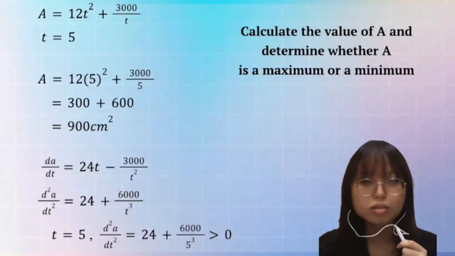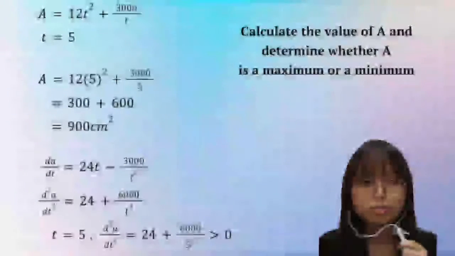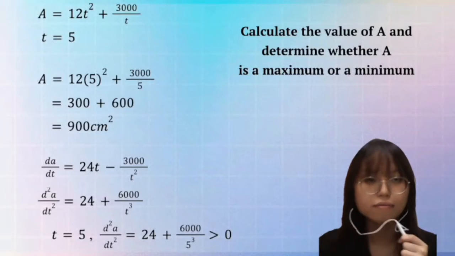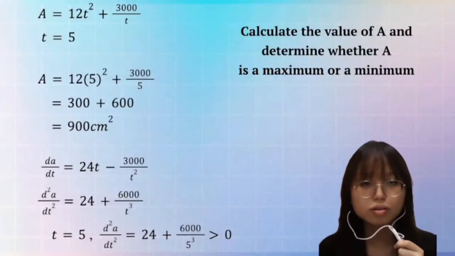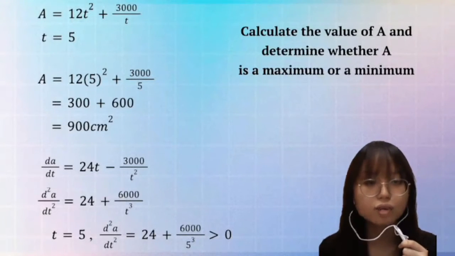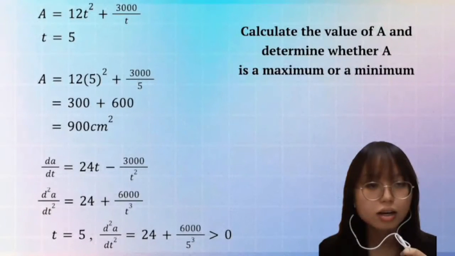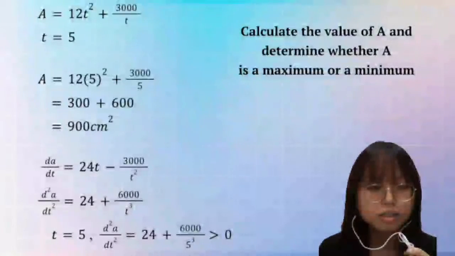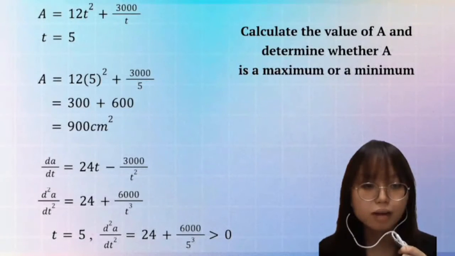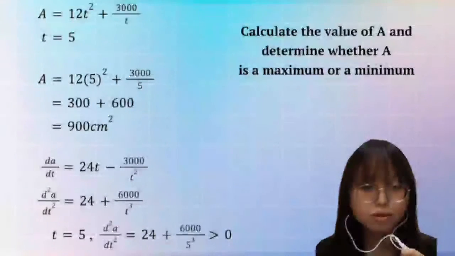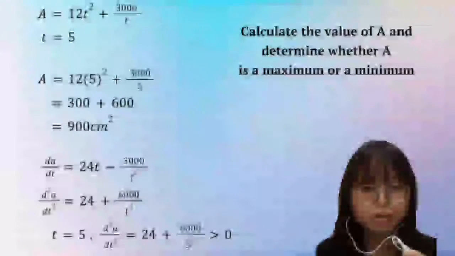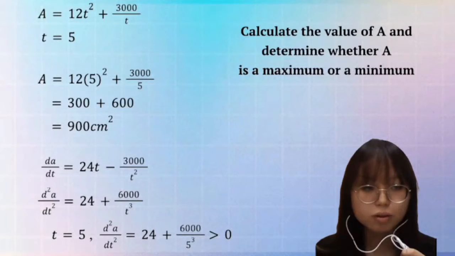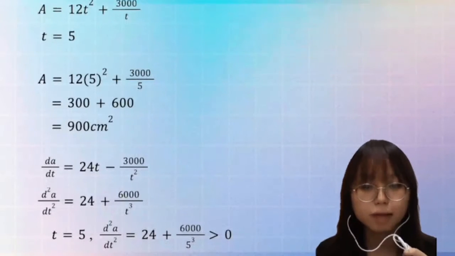A equals 12t square plus 3000 over t. Substituting t equals 5, A equals 12 times 5 square plus 3000 over 5, and we get the answer 900 cm square. Then d square A over dt square equals 24 plus 6000 over t cube, which is more than zero, so it is a minimum.